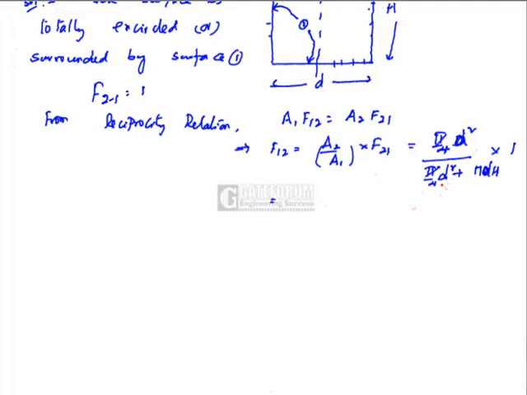It becomes d square by 4 divided by d square by 4 plus dh, which gives d square by d square plus 4 dh. This is the answer.